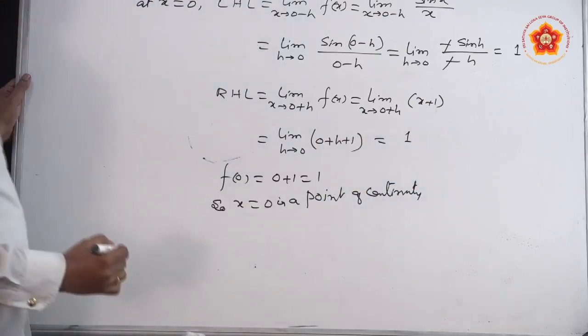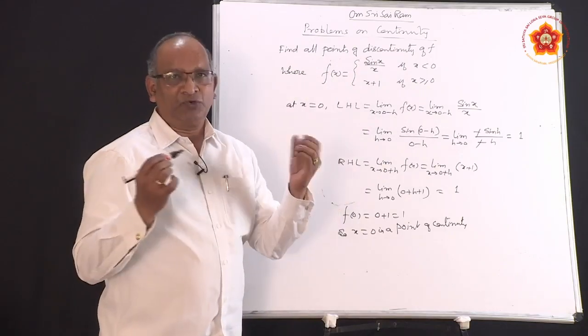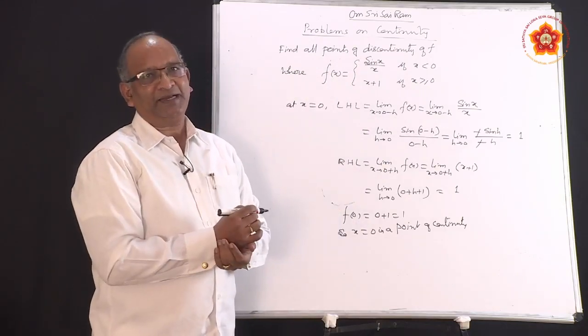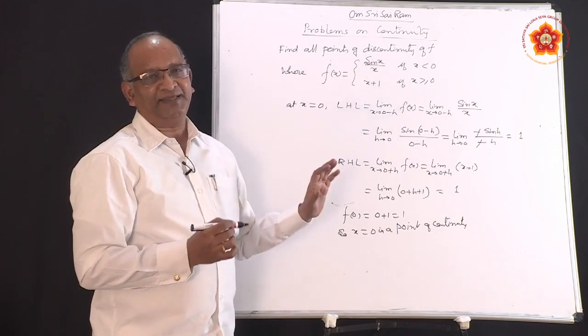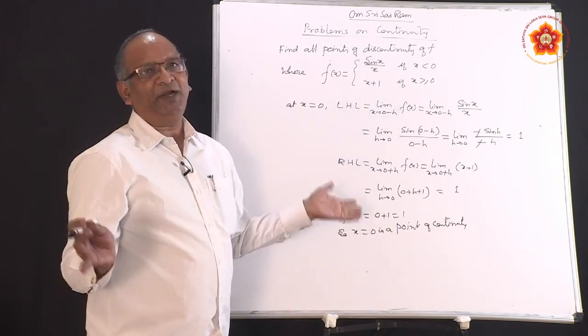What was our question? He said find all points of discontinuity. There was only one chance for it to be discontinuous where the interval is changing. That point is also continuous. So, in conclusion, we can say there is no point of discontinuity.